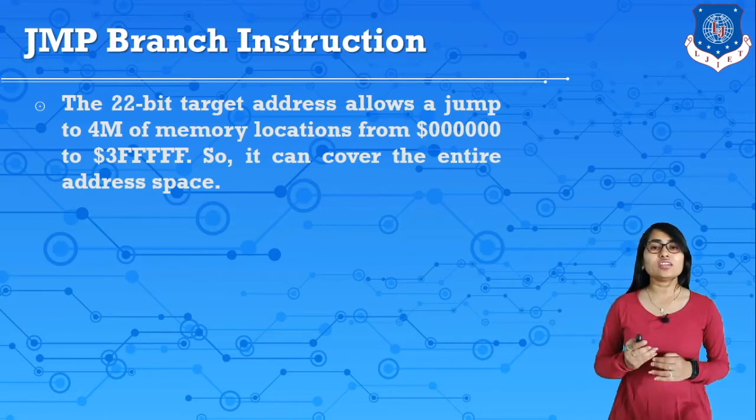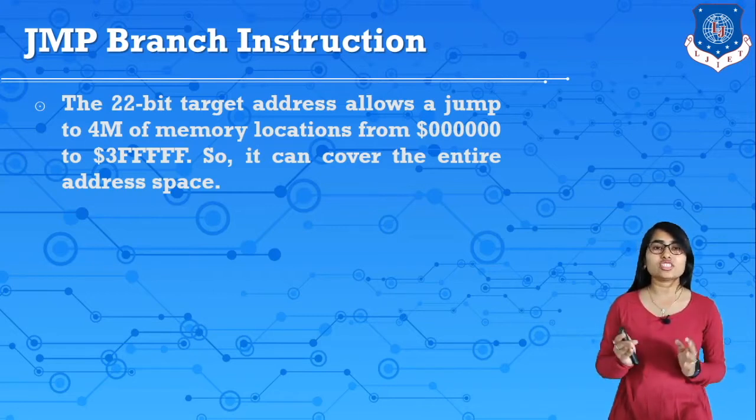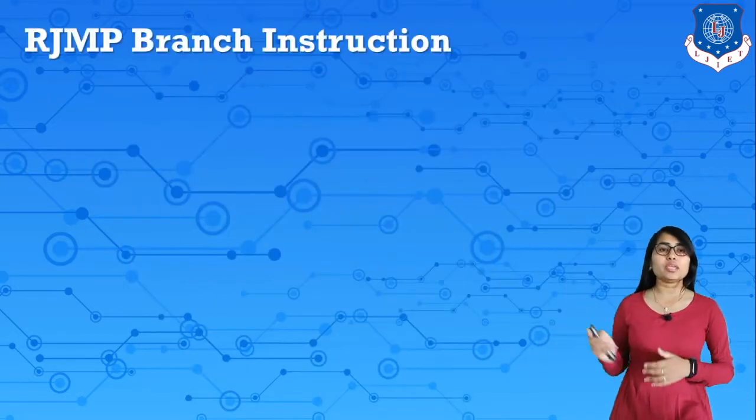So using this JMP instruction we can jump anywhere in memory, as it allows 22-bit target addresses. It can cover the entire address space for the jump. Okay, so this is the JMP branch instruction.